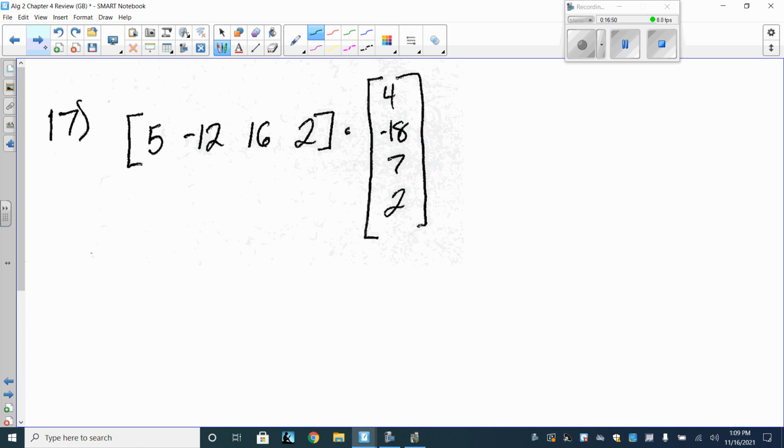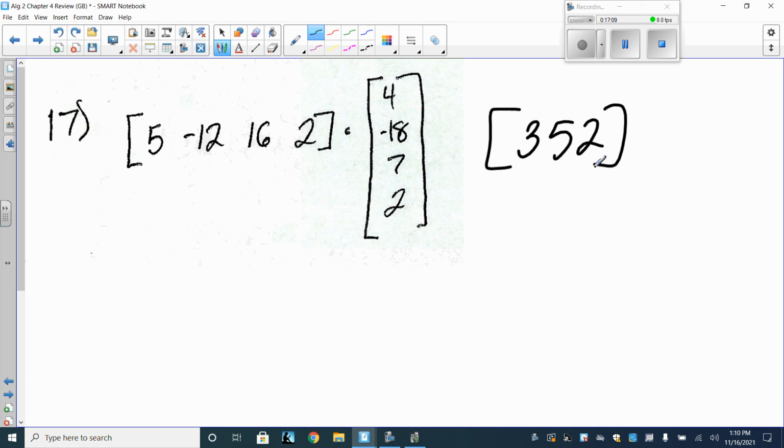Questions on 17, 18, 19, or 20? These here are the exact same as what we just did. Now 17, the answer is 352. This is the correct answer.